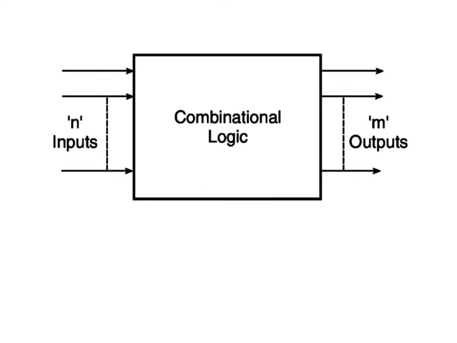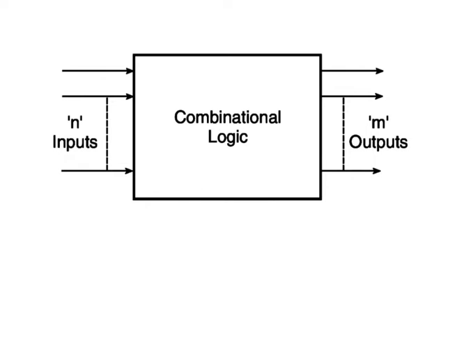Since the number of input variables is n, there are 2 to the power n possible combinations of bits at the input. Each output can be expressed in terms of input variables by a Boolean expression, with the result that the generalized system of figure can be expressed by m Boolean expressions.